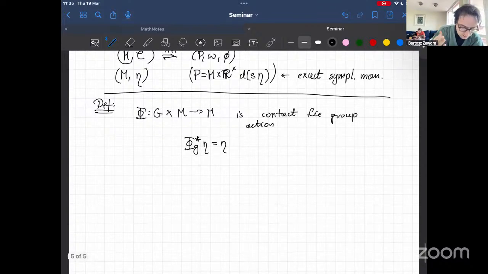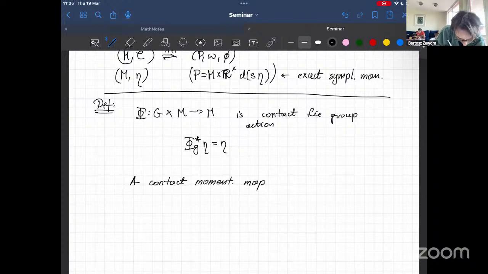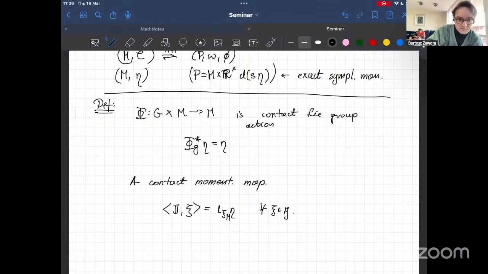We can also define the contact momentum map. Since eta is a one-form, we can define it in a similar way as the exact symplectic momentum map: we just take the contraction of eta with the fundamental vector fields xi_M for every Lie algebra element in g.